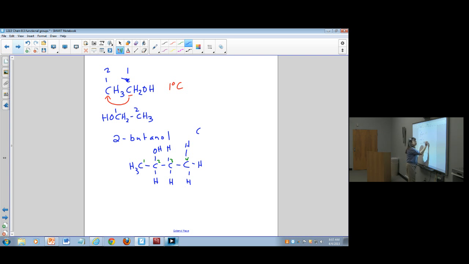Or it might be written CH3, CHOH, CH2, CH3. What kind of alcohol group is this? Well, we're focusing on the carbon that the hydroxide is attached to. So this carbon, in this case, is bonded to this carbon and this carbon, so this is a secondary alcohol.